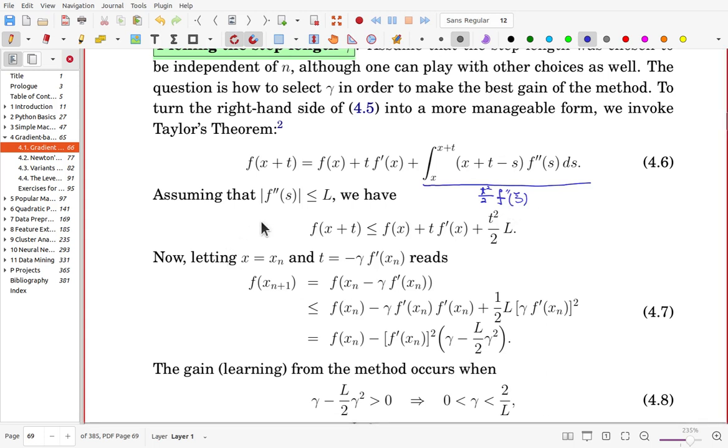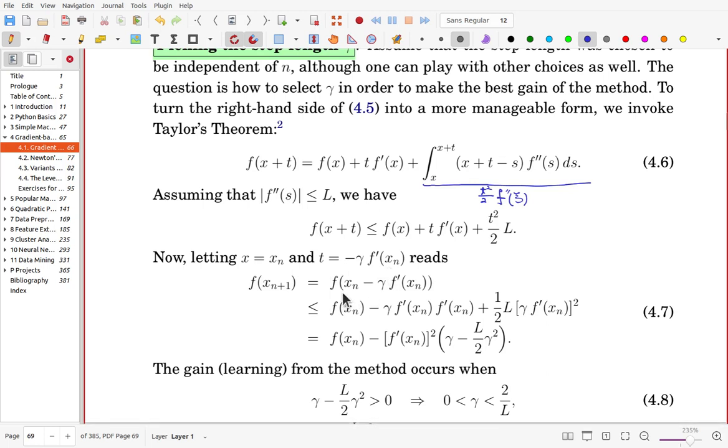Now we assume that f double prime is bounded by L. If you replace that term by L, then you can reach this inequality. Now we are using x as xn and t as minus gamma f prime of xn.